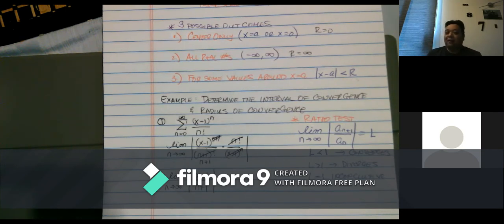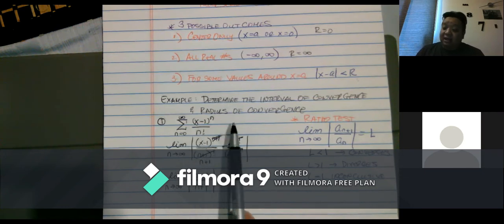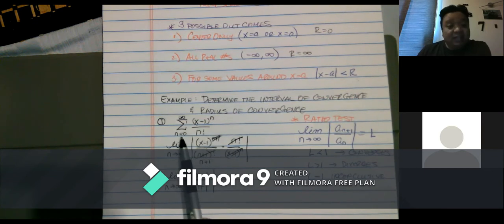All right, so now from here, you're going to have to pay attention to your variable, because there are a couple of variables that we are worried about. We have the x variable for your power series, and the reason the x is there is because remember, this would be a function. The other one is the n. So n is the variable for your series, or in this case, summation notation. If you now pay attention to your limit, n is the one that's going to infinity.